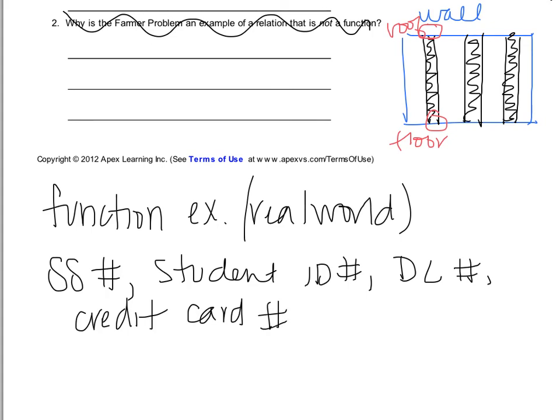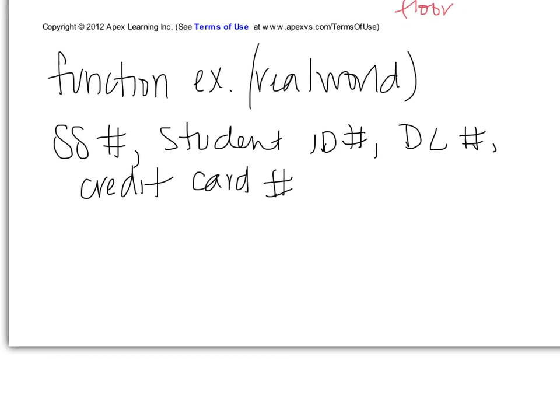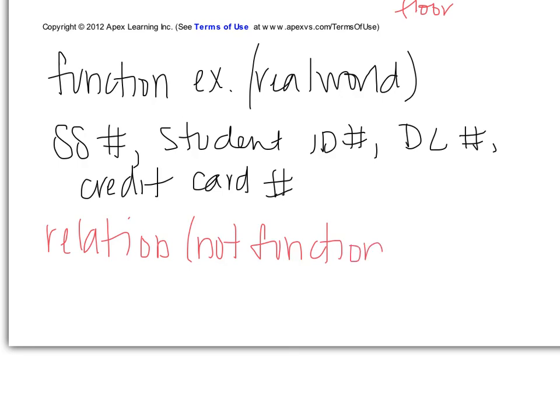Okay? But an example of something that is a relation, just a relation, in other words, not a function, would be a name or an address. At least the city, or even just the address, because if you put in your home address, well, there may be 3 or 4 people that live there, so you put in one address and you get back 3 or 4 names. That's going to make it not a function.